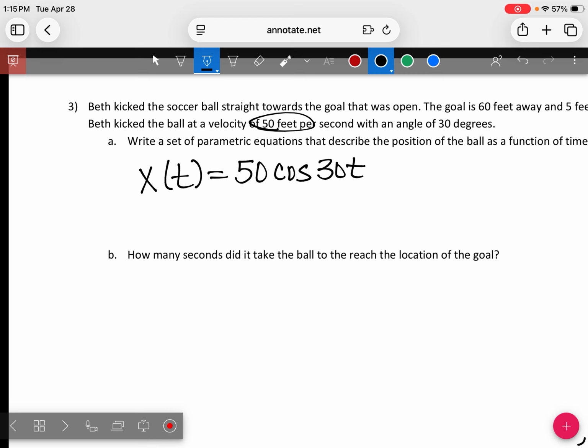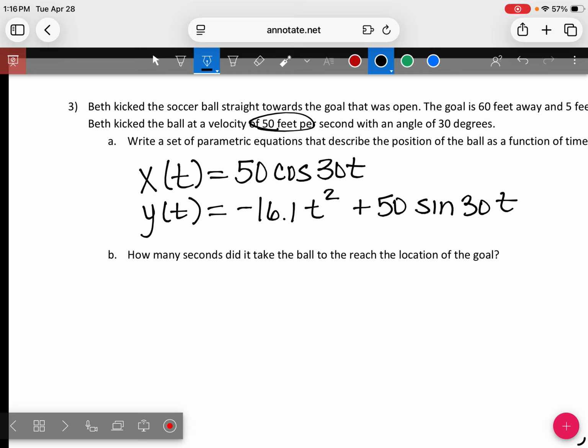Your y parameter, because we're in feet, I'm using 32.2 again. Multiply that by negative 0.5. So I'm going to start my y with negative 16.1 t squared plus 50 sine 30 t.